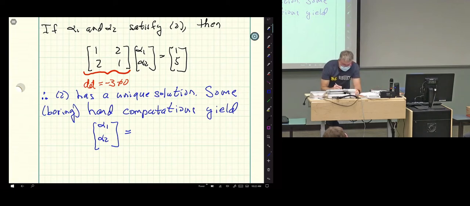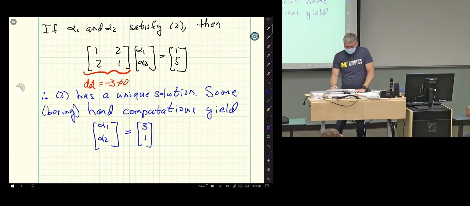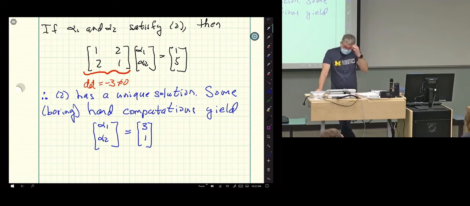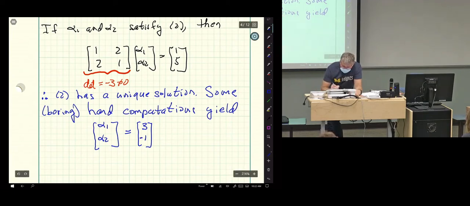Oh, 3 and 1, okay. There must be a minus 1 somewhere there, because that's not going to work, right? So, oh, I think this should be minus 1. Hopefully that works.